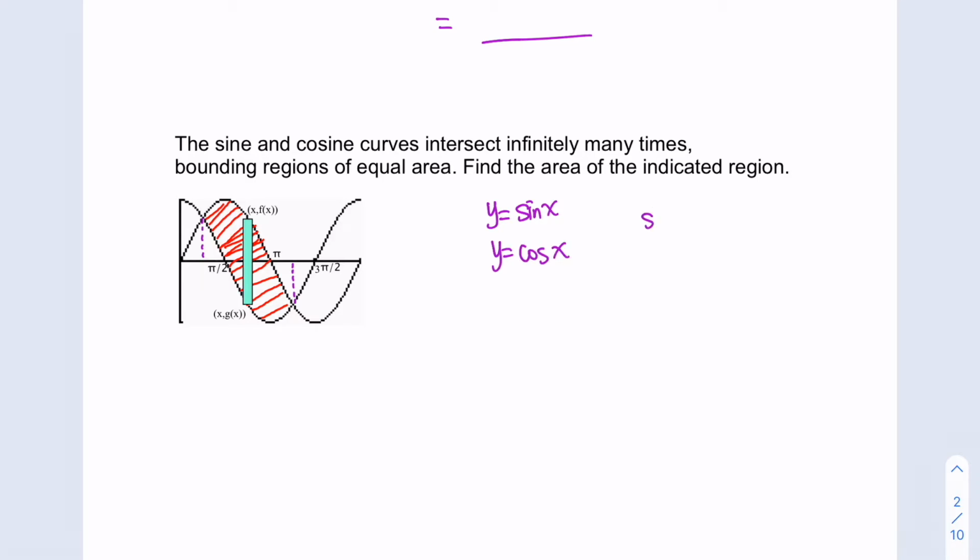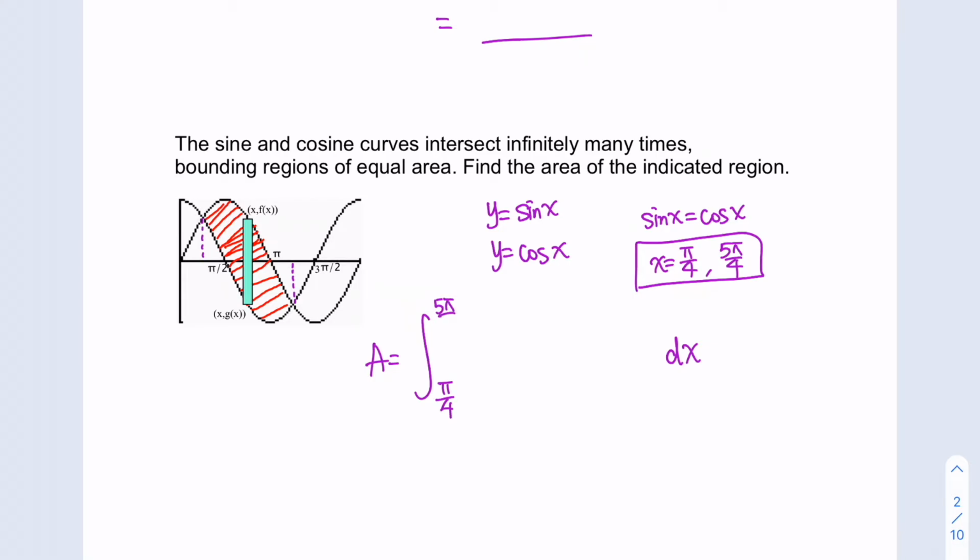So when we set sine of x equals cosine of x, as we know, x equals pi over 4 and 5 pi over 4. So the area will be given by integration dx. We are going to integrate along the x direction. Top function, sine of x, minus the bottom function, cosine of x.